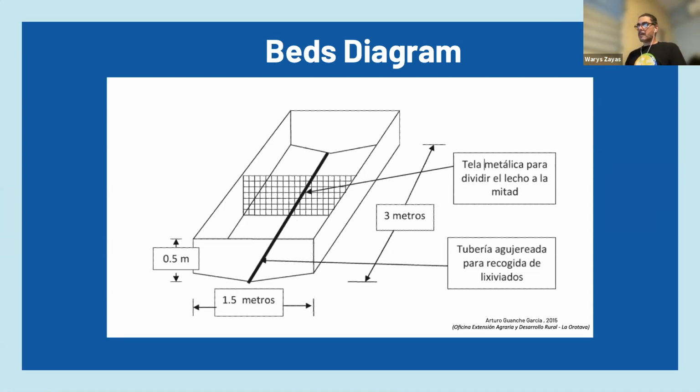So for those of us in Puerto Rico who use the English measurement system, 1 meter is equal to 3 feet 3 inches, or 39 inches. That's what you get if you make the conversion: a meter is 39 inches.